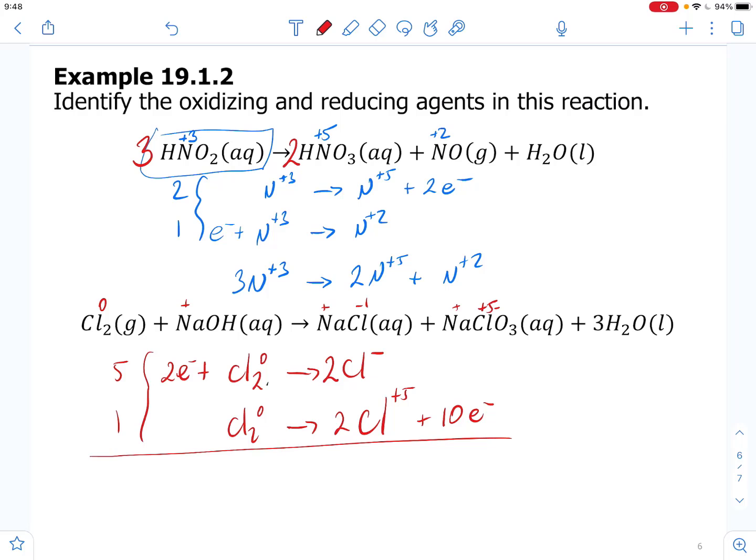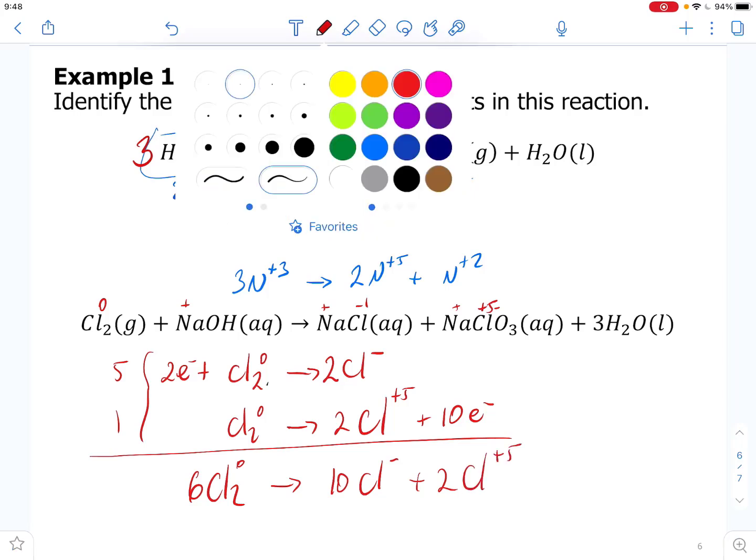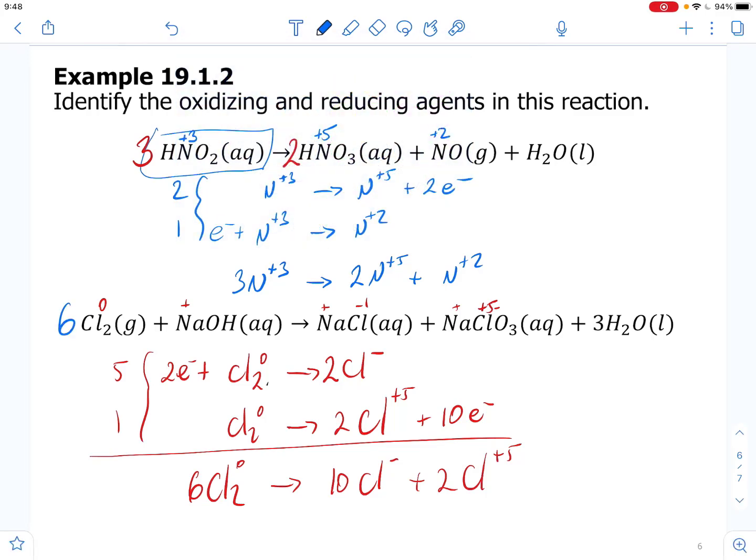That will give you a combined 6 chlorine 0 going to 10 chlorides and 2 chlorine +5, which means all you have to do here is add 6 at the chlorine, you have to add 10 here, and then you have to add 2 here, and then technically you have to balance with the rest.